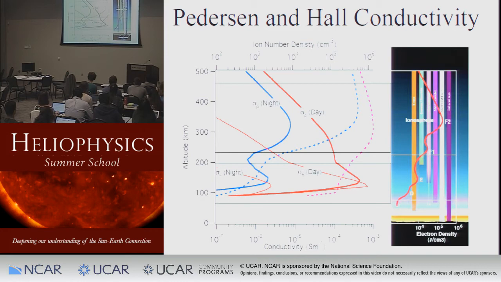If you have a stronger aurora or an X-ray flare, it's in this region that the ionization is dramatically enhanced. At night, there is still some residual ionization due to resonantly scattered radiation and starlight. And of course, aurora occur at night, so you can get enhancements there. This is a quiescent night, but under auroral conditions, you can get significantly larger conductivities.